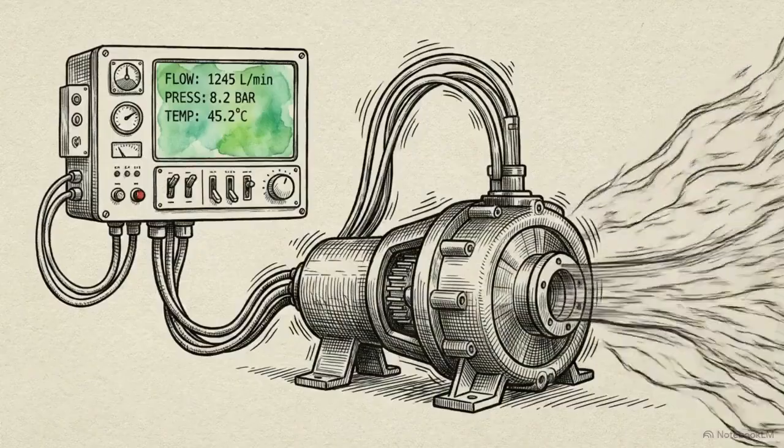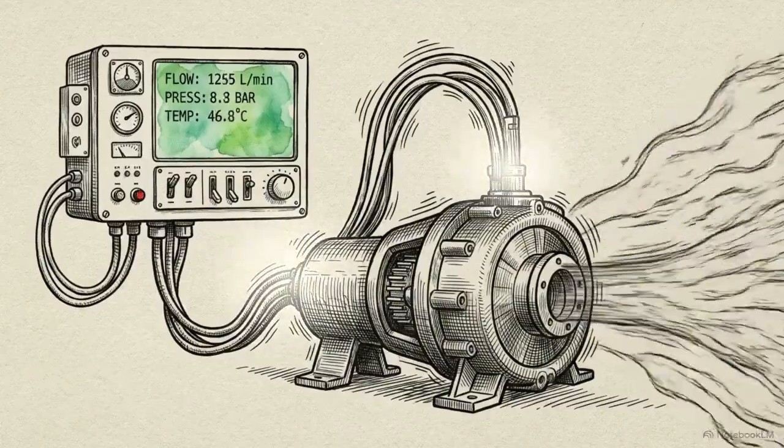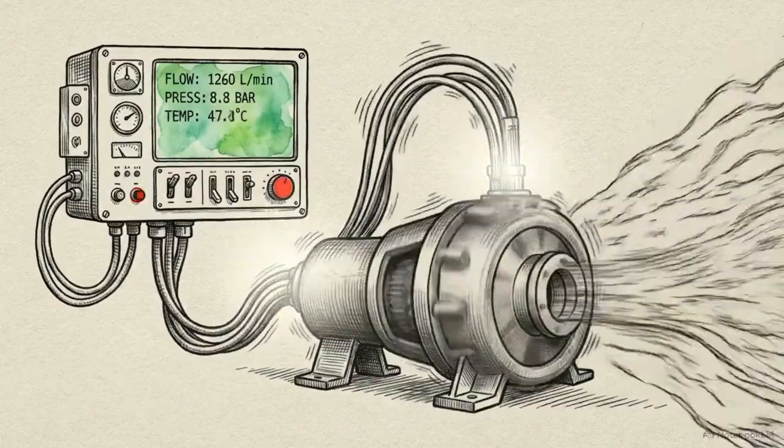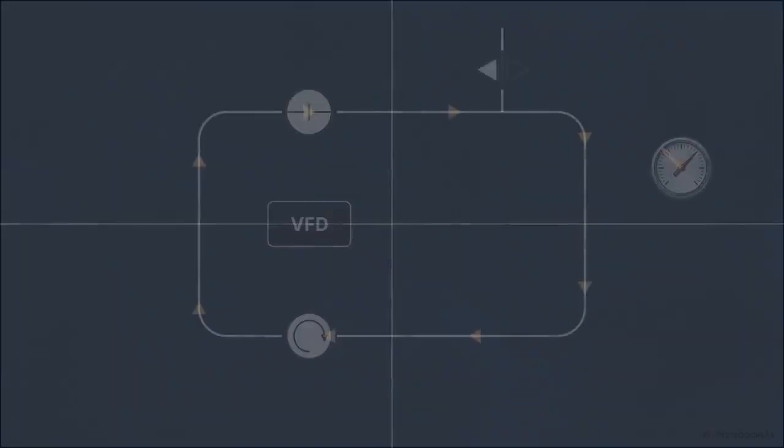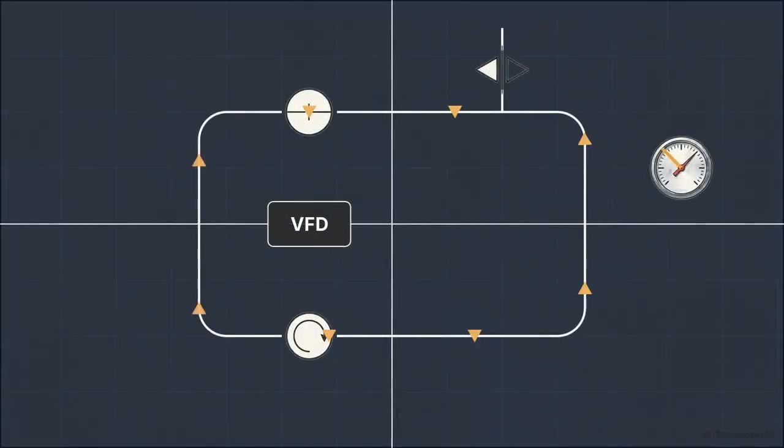To counteract this, modern loops rely on variable frequency drives, or VFDs, to actively manage the pump speeds. This piping and instrumentation diagram tracks that process. When a user valve opens, the resulting pressure drop is detected by a flow meter. That meter instantly signals the VFD, which ramps up the main pump's RPM to stabilize the flow rate, ensuring the Reynolds number never dips below 4,000 even during peak demand.